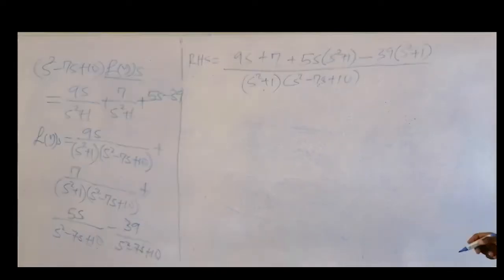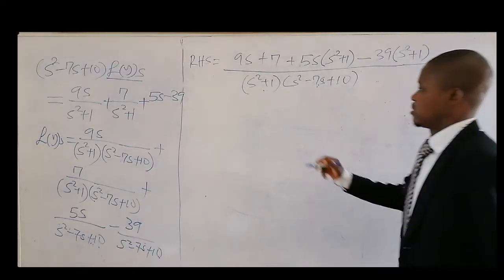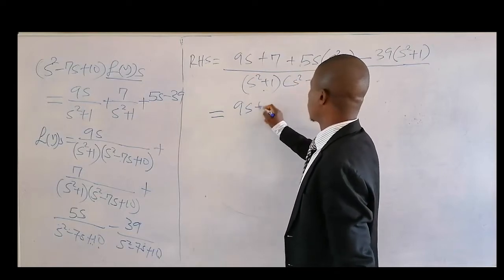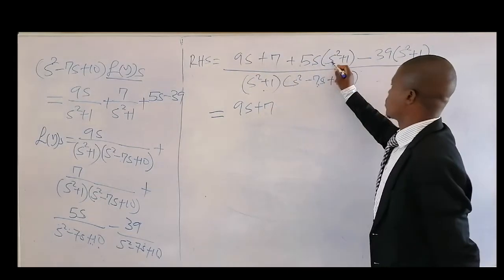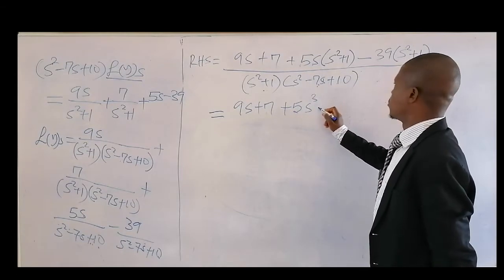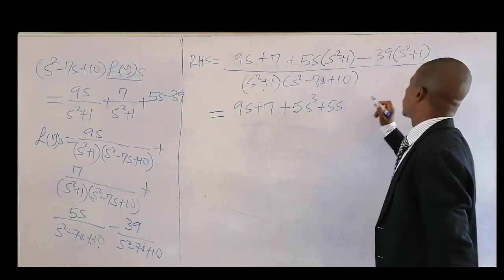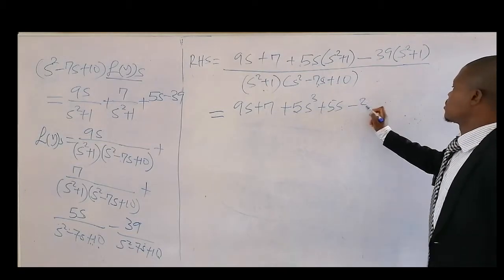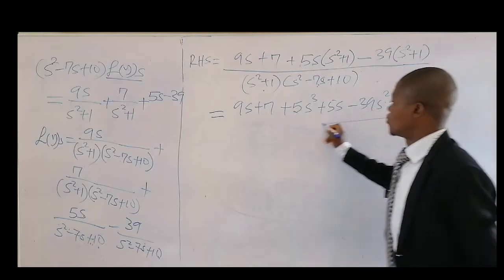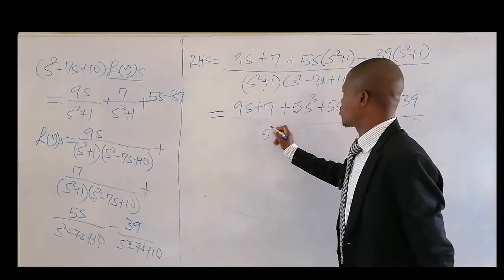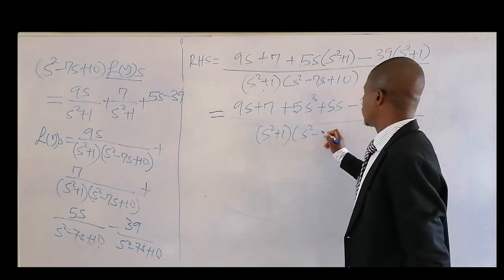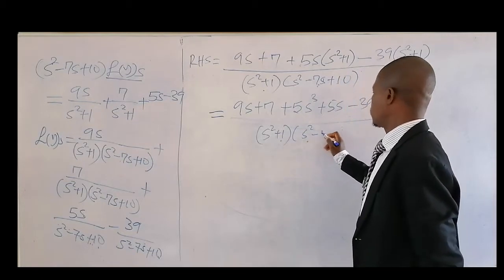Then we can open these brackets. Then we have this one plus 7. This one times this one, as 5s cubed plus 5s. This one times this, minus 39 s squared minus 39, all over this times this.